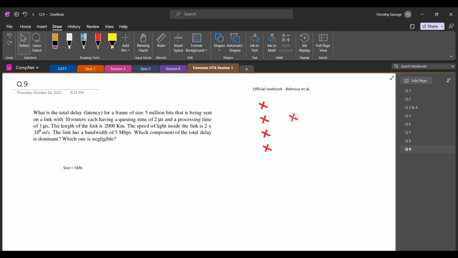When you're talking about total delay, you need to take care of every node and the total delay on the links. That's why they're giving you the number.